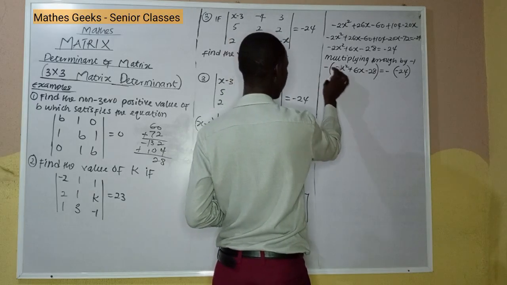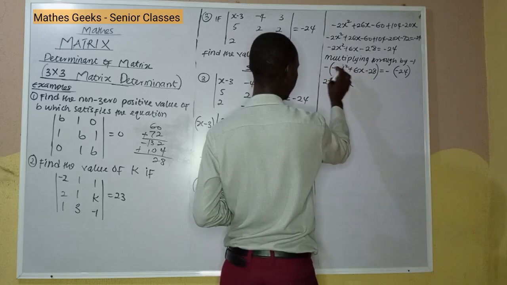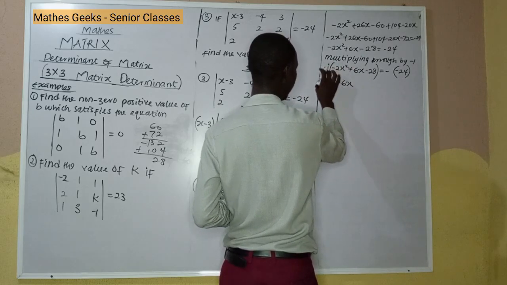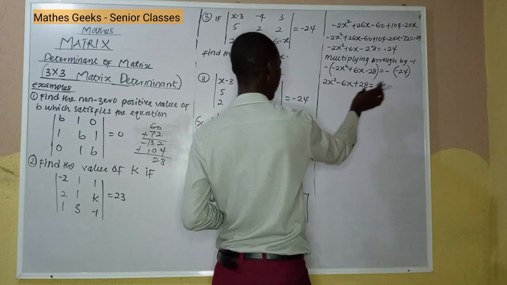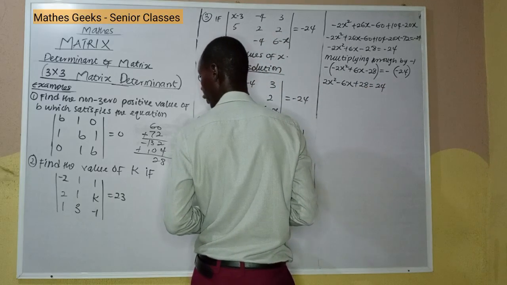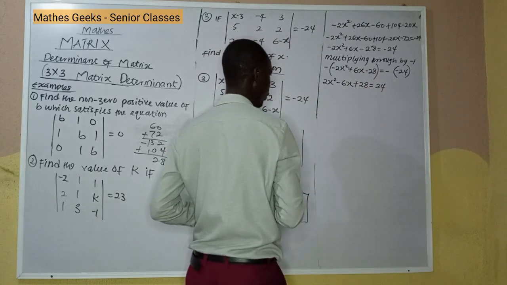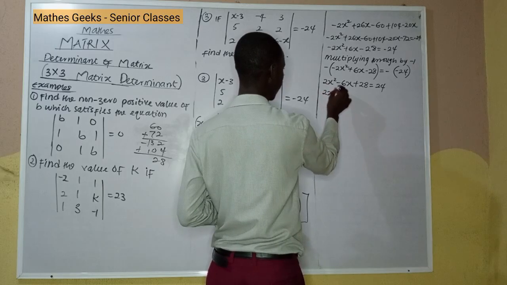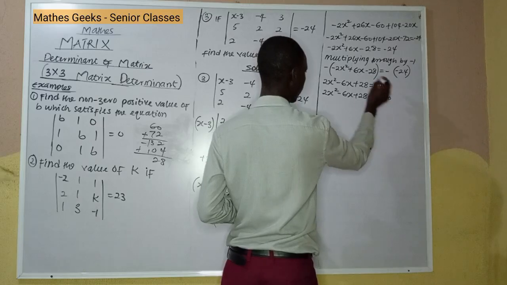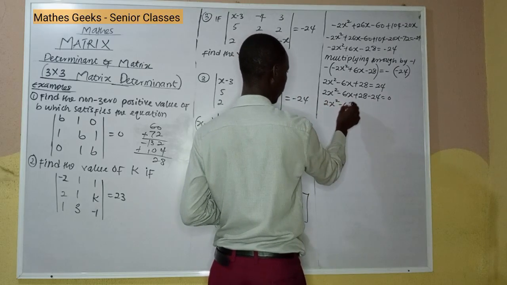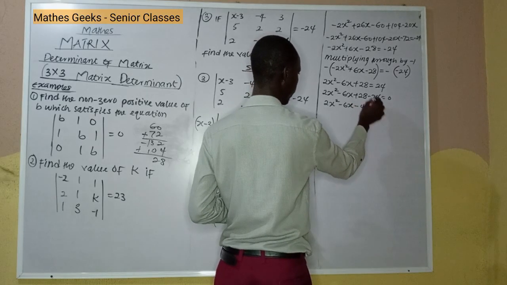So this will give us plus 2x squared minus 6x plus 28 equals 24. Since we are going to get the values of x, we need to make sure that it equals 0. So 2x squared minus 6x plus 28 minus 24 is 0.